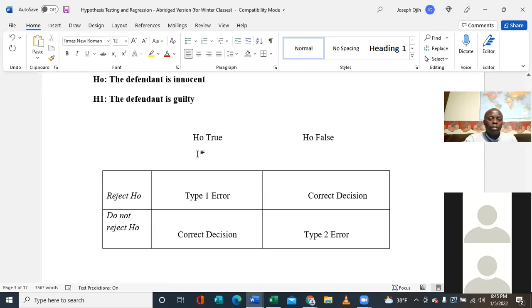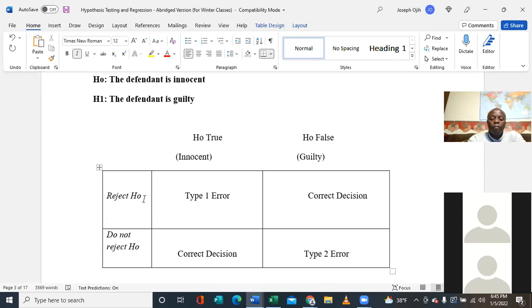Now, defendant H0 true means that the defendant is innocent. And H0 false is that he or she is guilty. Reject H0 means to convict the defendant.